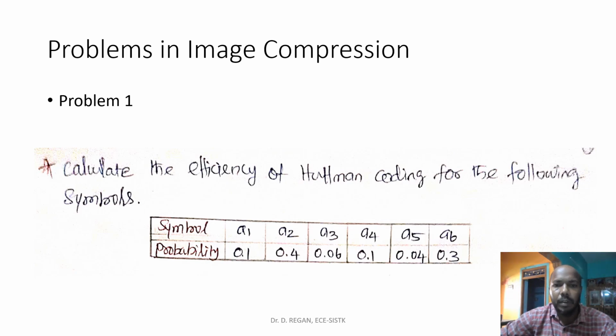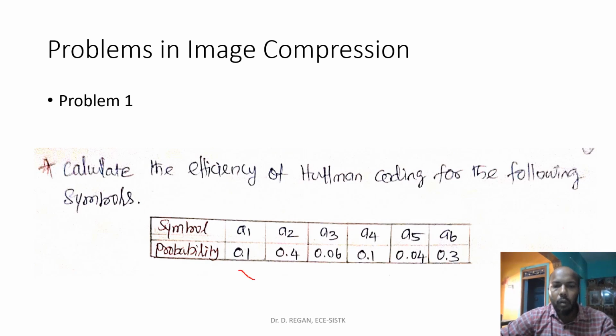The symbols given here are A1, A2, A3, A4, A5, A6, and each symbol is given with its probability value. Symbol A1 is 0.1, A2 is 0.4, A3 is 0.06, A4 is 0.1, A5 is 0.04, A6 is 0.3.